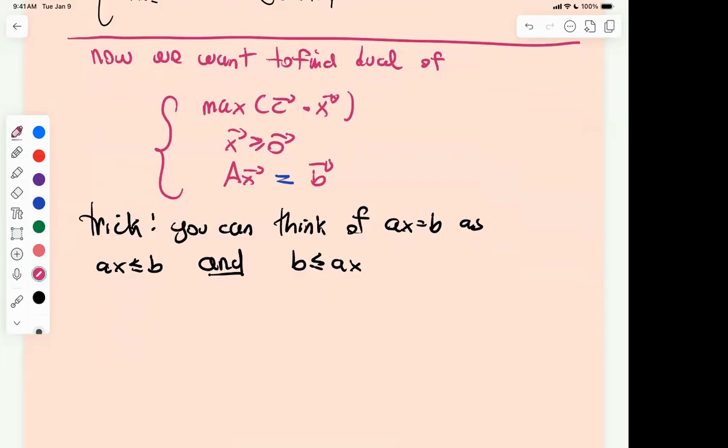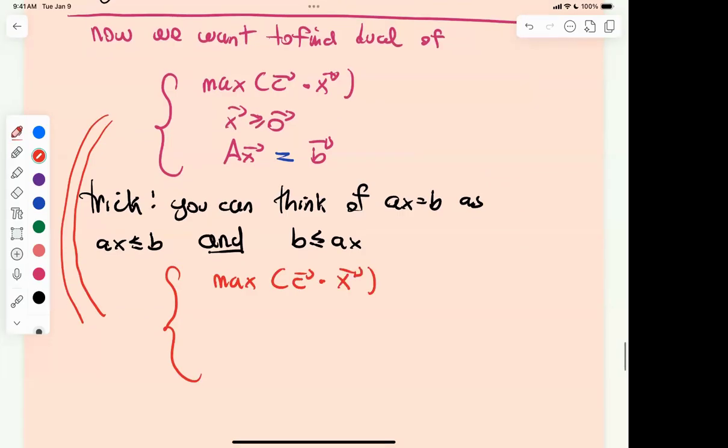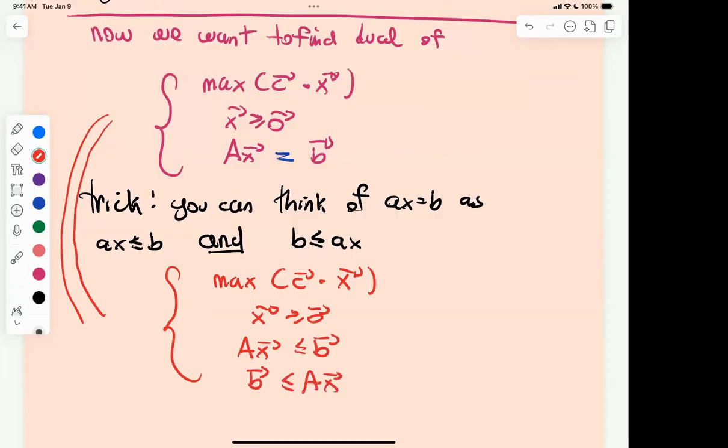So what I'm going to do is rewrite this system as a max of c dot x, where x is greater or equal to 0, and then Ax less or equal to b, and then b less or equal to Ax. And again, these two conditions are the same as saying that Ax equals b.